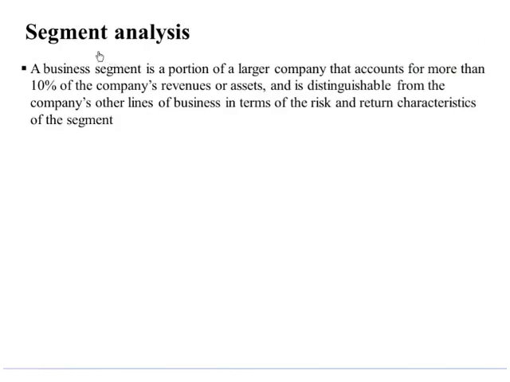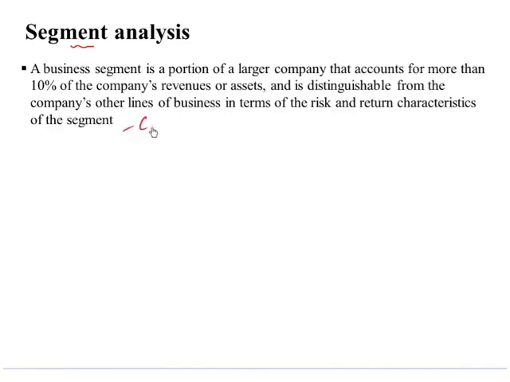Finally, it also makes sense to do a ratio and financial analysis for each segment of the business. A business segment is defined as a portion of a larger company that accounts for more than 10% of the company's revenues or assets and is clearly distinguishable from the company's other lines of businesses.